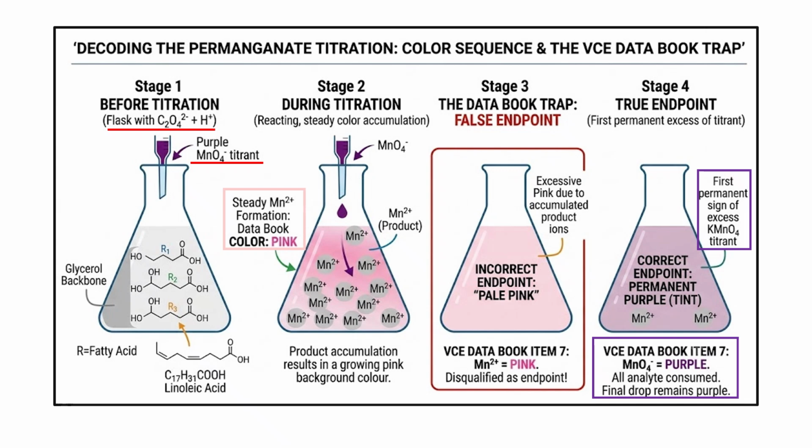Stage 4, the true endpoint. Once the analyte is completely exhausted, the very next drop of deep purple permanganate ions has nothing left to react with. It remains unreacted in its original form, tinting the solution with the first permanent purple color, or purple tint.